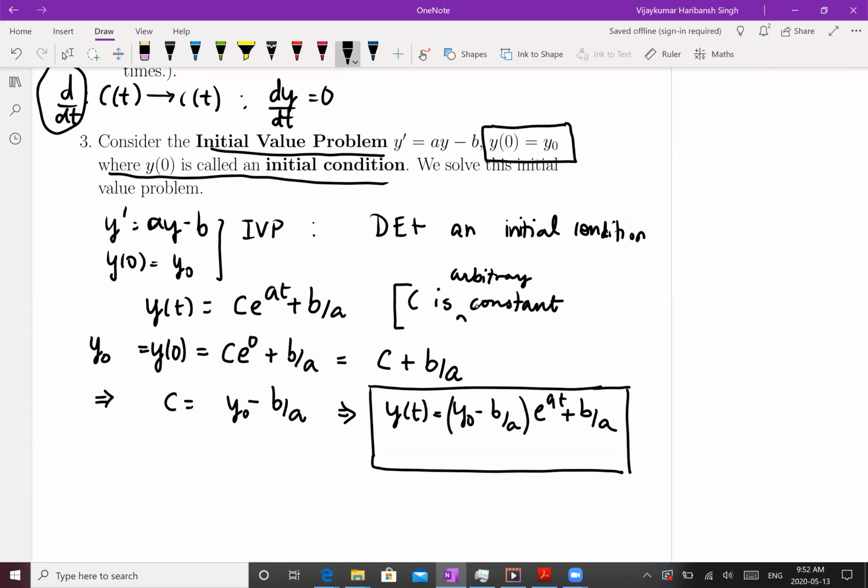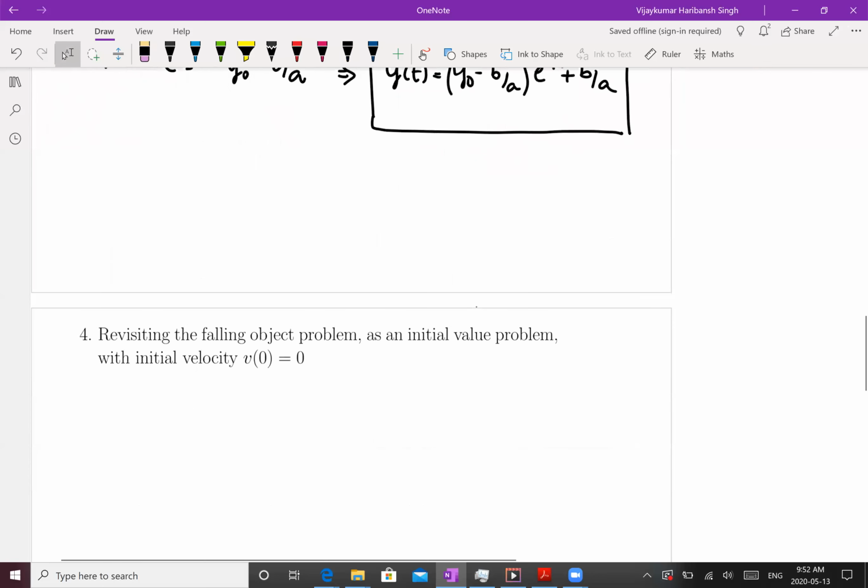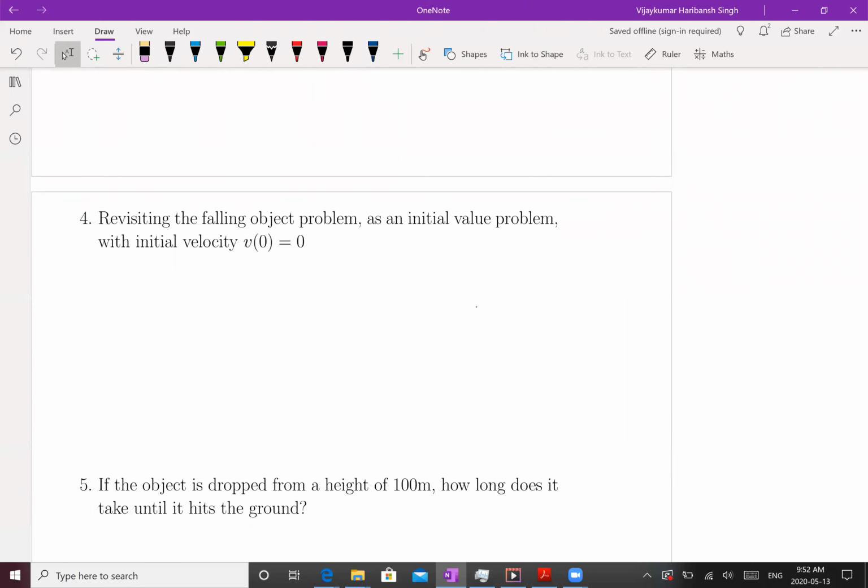All right, now let's revisit the problem of the falling object as an initial value problem with initial velocity v(0) = 0. If you recall, the IVP was given by v' = 10 - 2v, and now you're given the initial condition v(0) = 0.